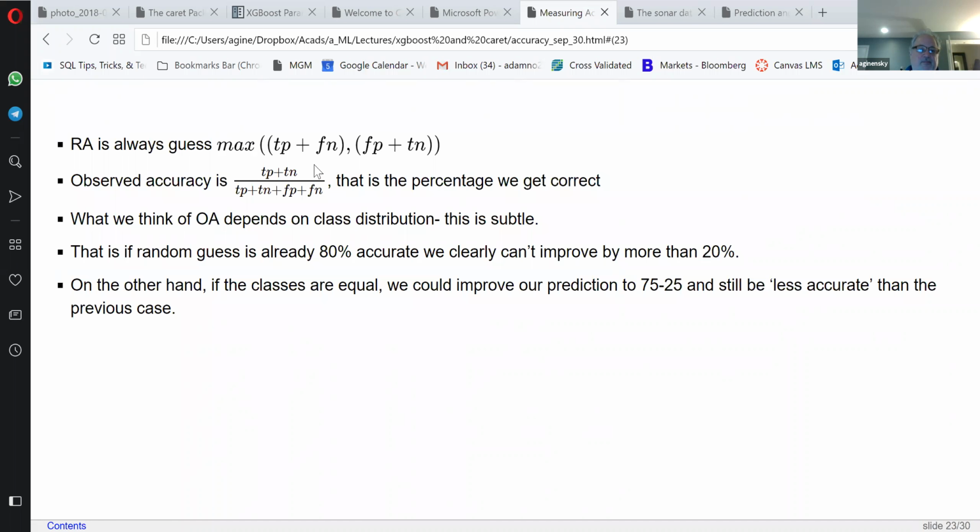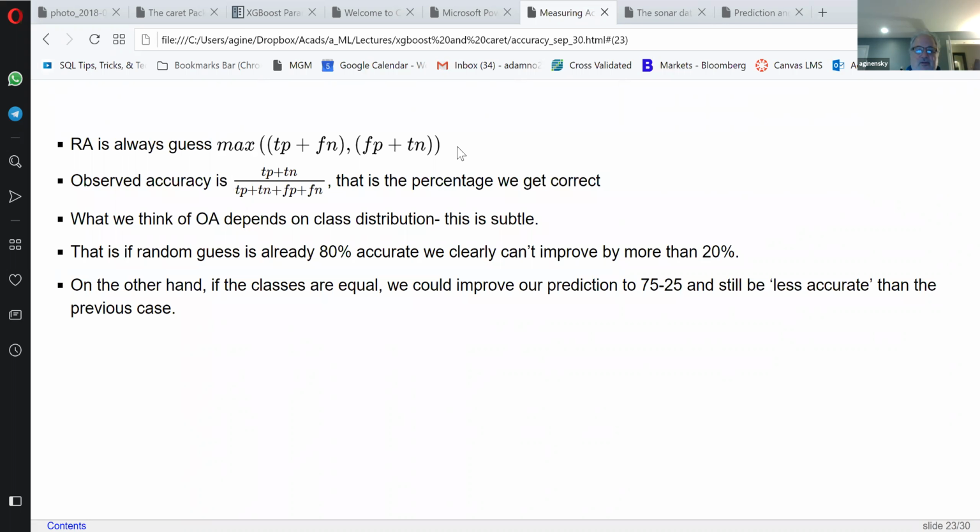So the observed accuracy is the times you're right over all the times, that is the percentage you get correct. There's a subtle thing. It depends on what I call the class distribution. Observed accuracy is going to be a function of how much you can improve, how balanced the classes are.